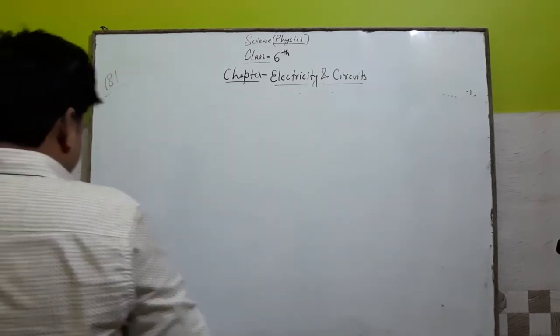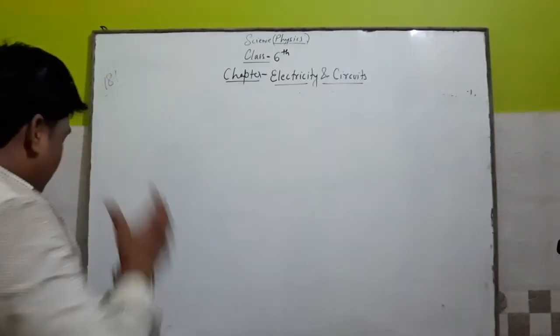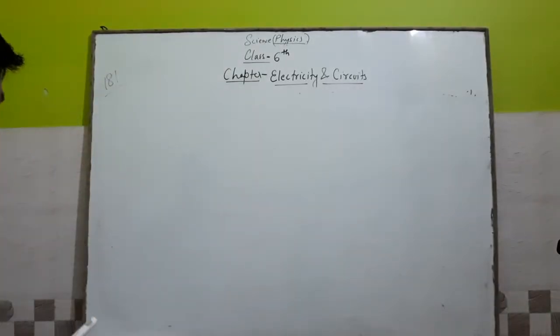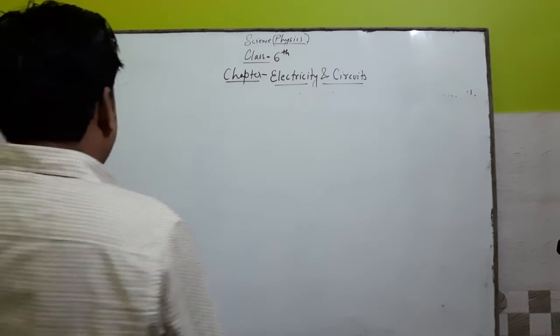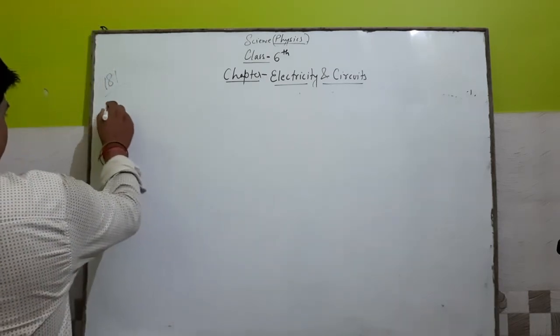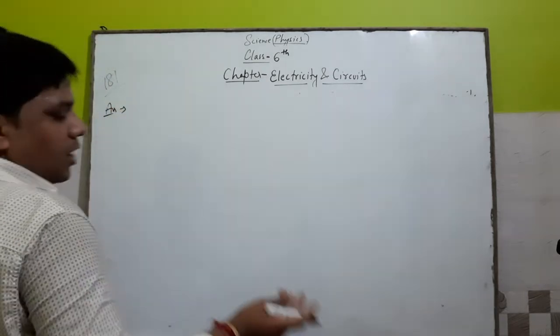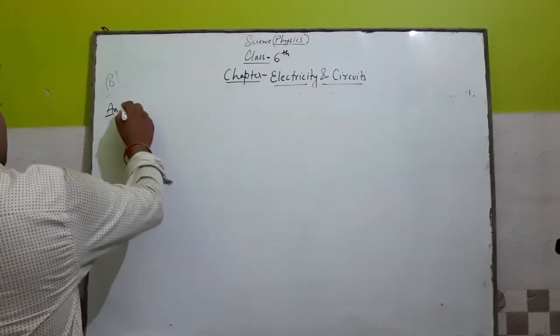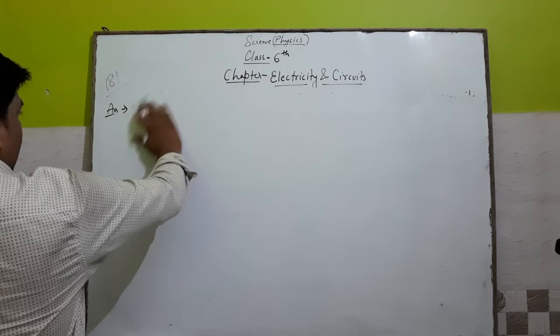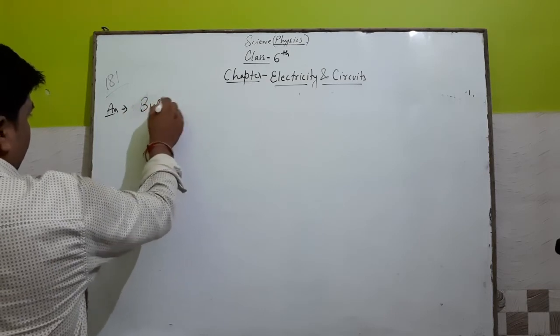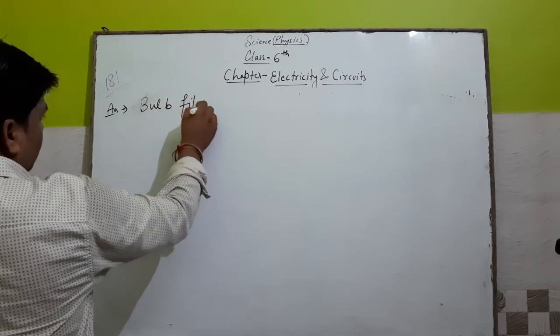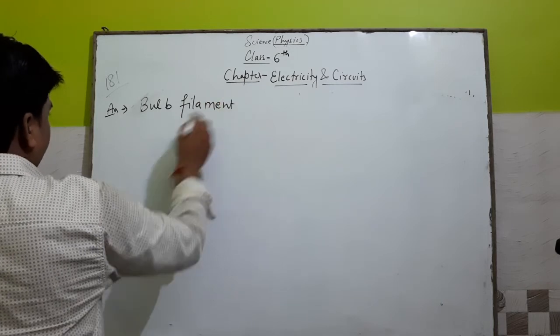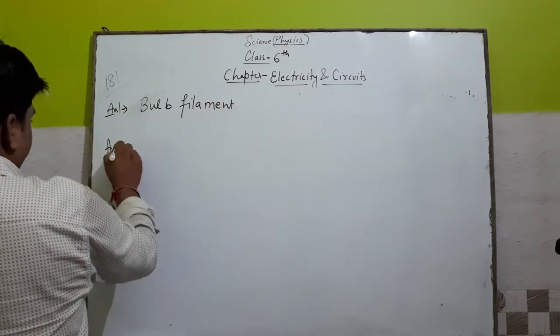First question: which part of the bulb glows when current is passed through it? Simply, the answer is the bulb filament. The bulb filament glows.